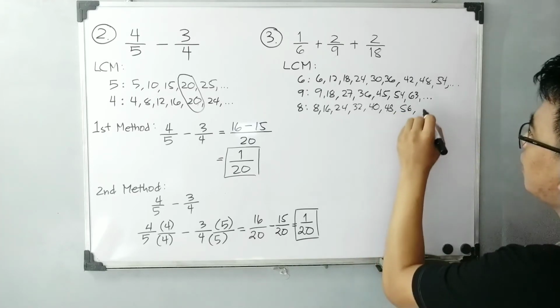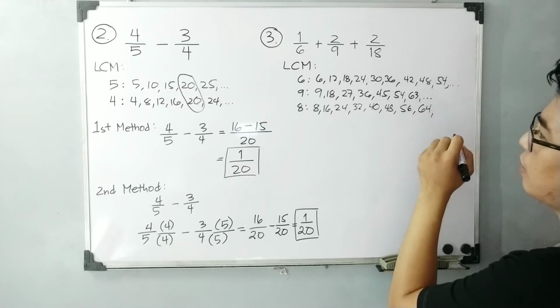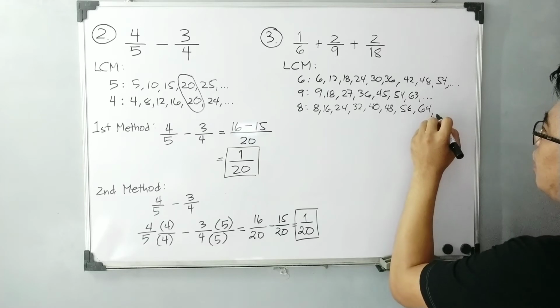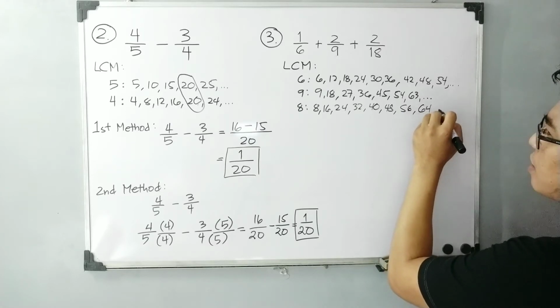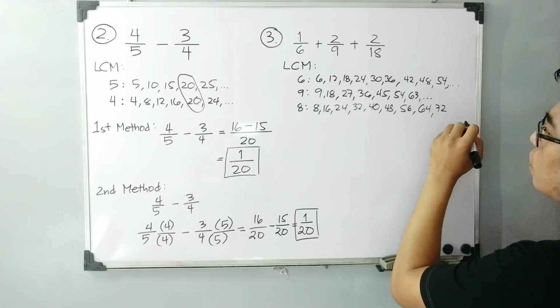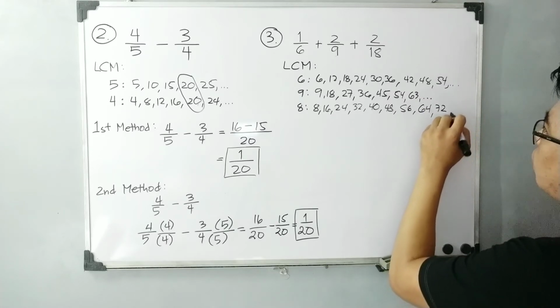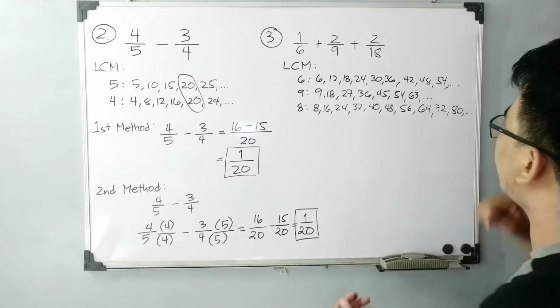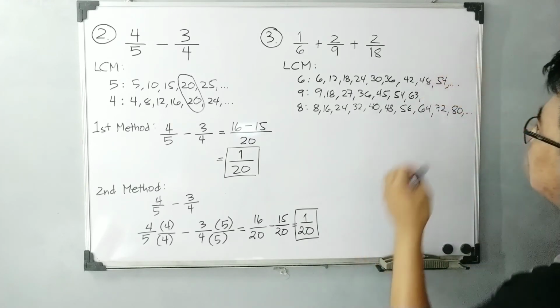Okay, wala pa tayo. 64. Medyo mahaba-haba pala to. 72. Okay. 72. Tapos 80 and so on. So hanggang ngayon wala pa tayo nakakuha ng LCM. Meaning we need to continue this.